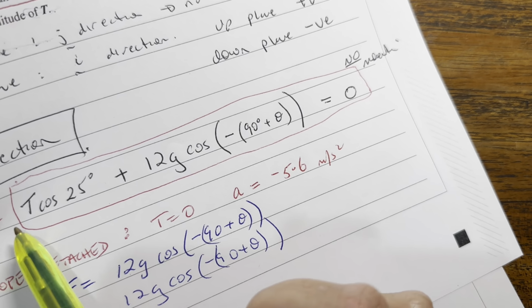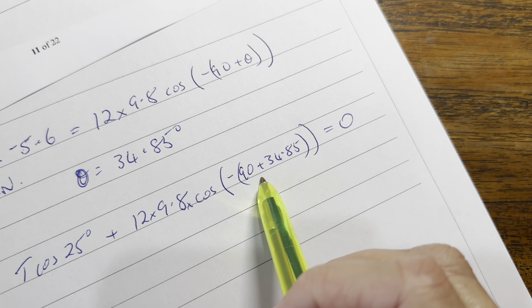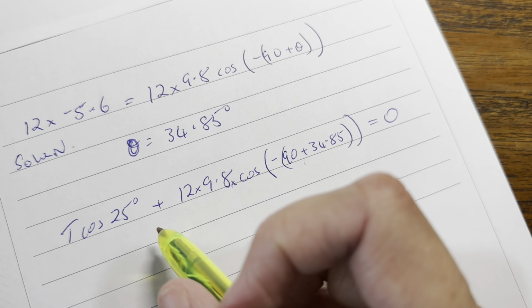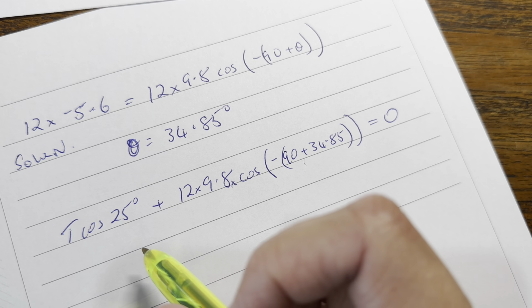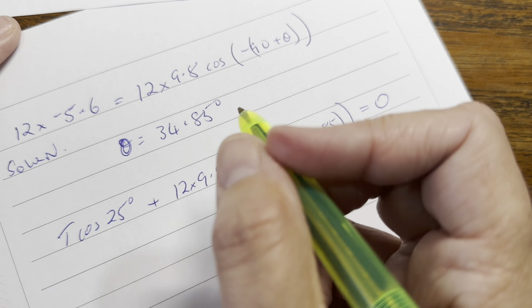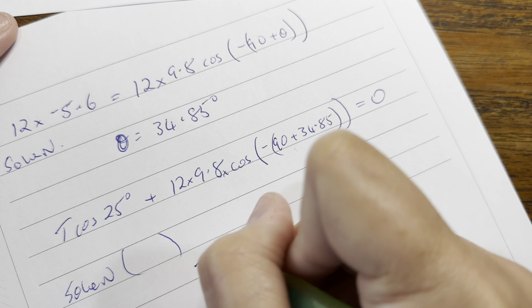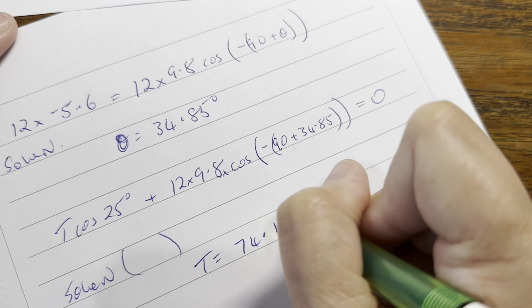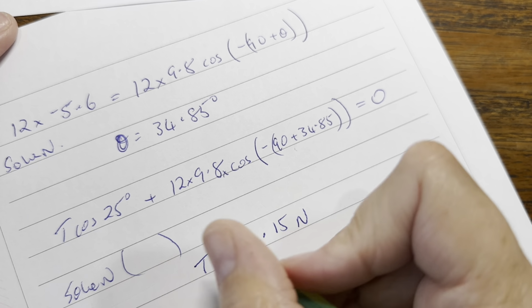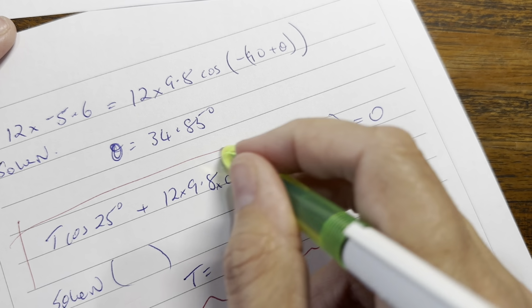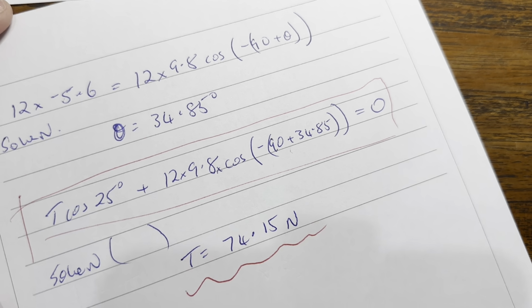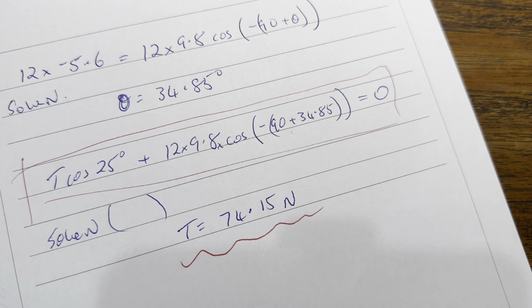I'm just going from our original statement and putting it in here. You go solve n, and it will come out with T equals 74.15 newtons. And that is the tension in the rope by substituting. And that's question 16.